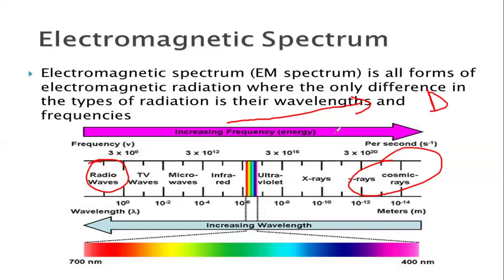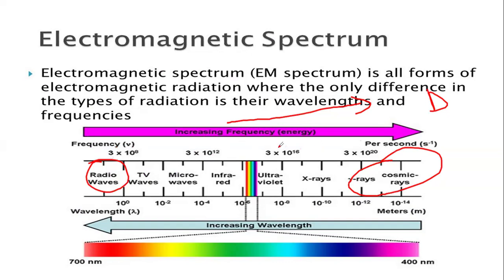No wonder the frequency is increasing. You can even check the values here. So you have 3 multiplied by 10 to the power 9, 3 multiplied by 10 to the power 12, 3 multiplied by 10 to the power 16.